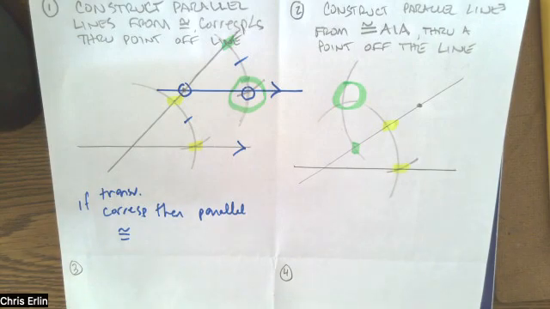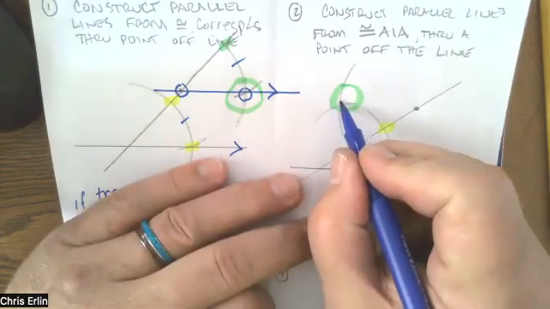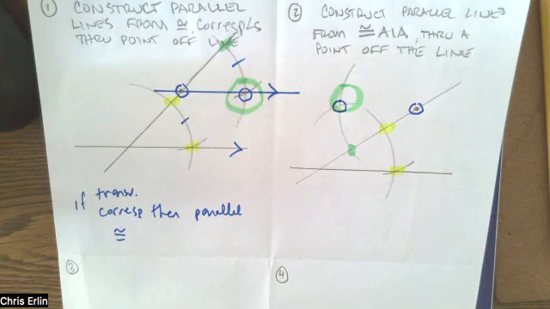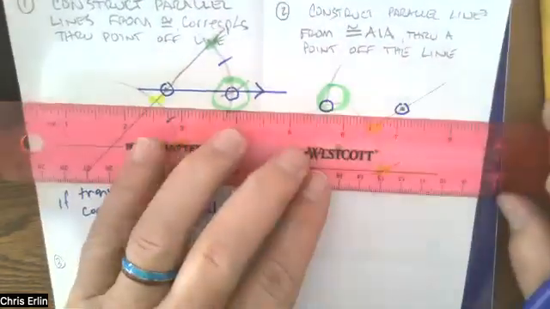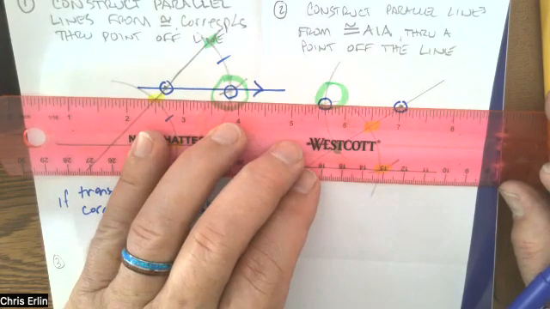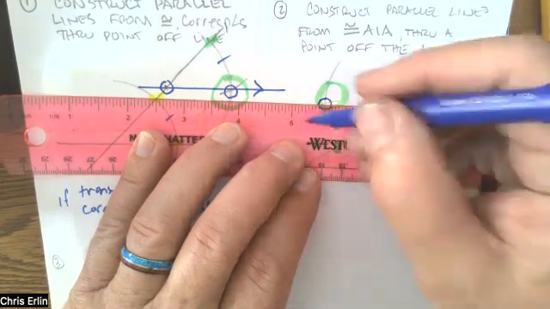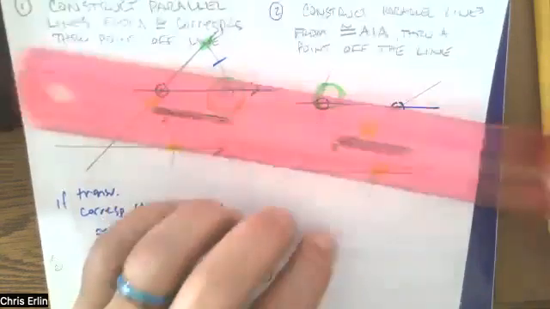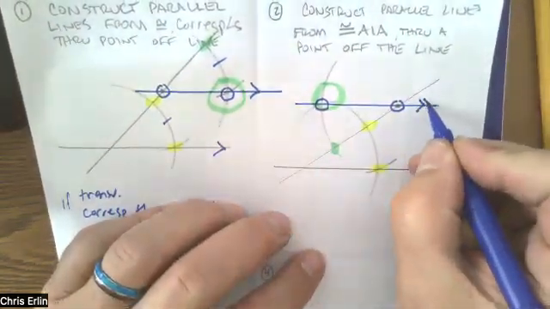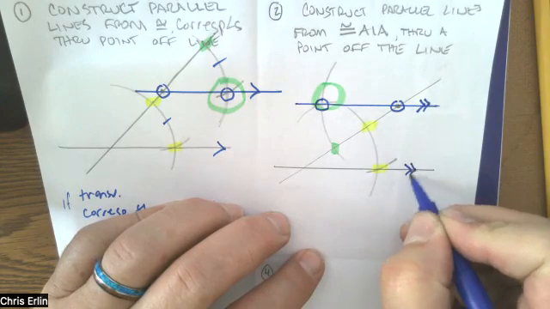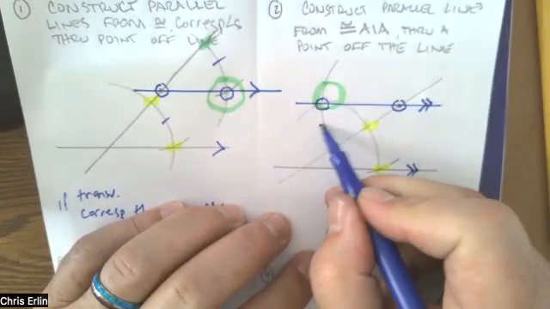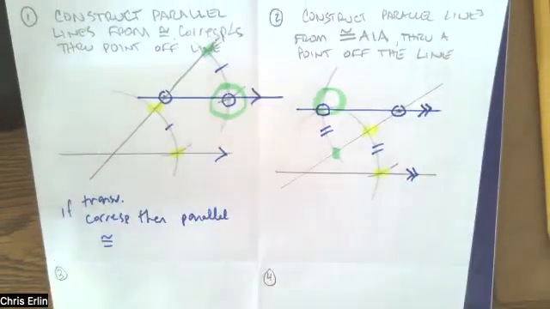If I've done that carefully, I should be able to connect this point of intersection with my point and produce lines that are parallel. I'll put 2 arrows on to show that these lines are parallel to each other, but not to these over here, because these AIA angles are congruent.